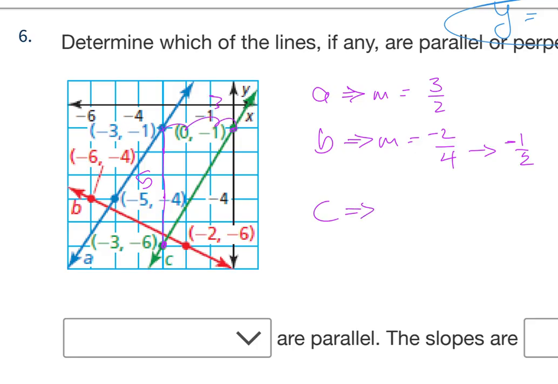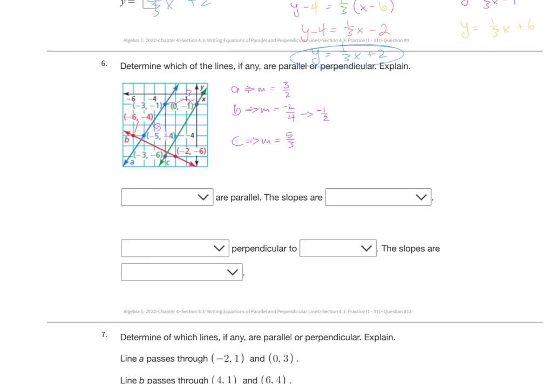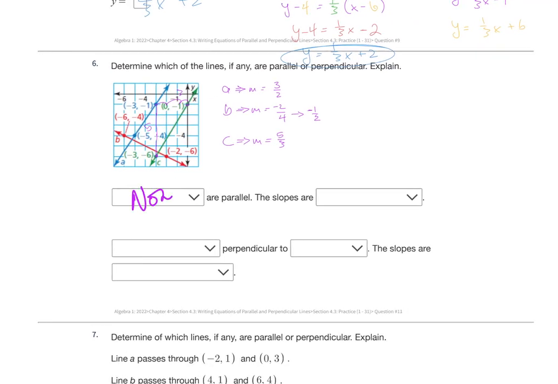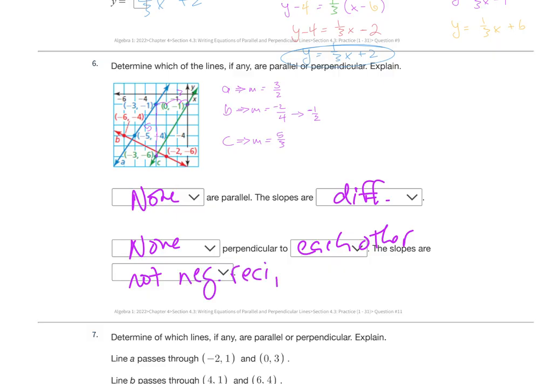So line C's slope is 5/3, which means none are parallel, the slopes are different, and none are perpendicular to each other because the slopes are not negative reciprocals.